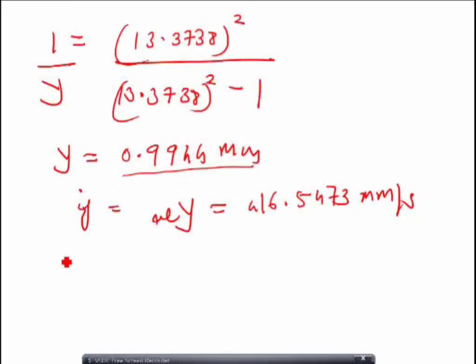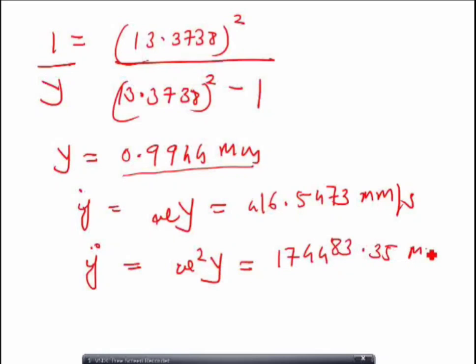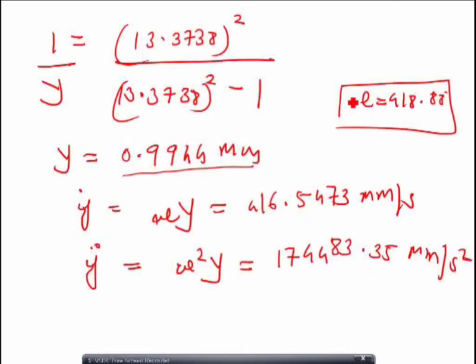Now maximum acceleration is Y double dot equal to omega square into Y. So I am getting this as 174483.35 mm per second square. Here omega is 418.88; you have to multiply by omega square and you will get the result.